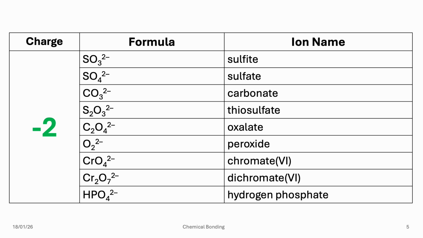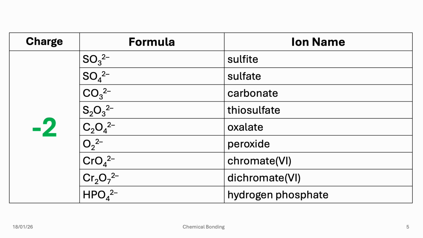Now the polyatomic anions with a -2 charge. SO3 2- is called sulfite. SO4 2- is called sulfate. CO3 2- is called carbonate. S2O3 2- is called thiosulfate. C2O4 2- is called oxalate.